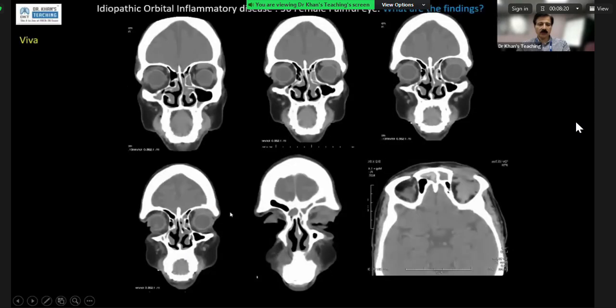So remember it. And in this case, there is lacrimal gland involvement. So it will come in the differential diagnosis of globe lesions, intraconal lesions, extraconal lesions, and conal lesions, as in muscular lesions.